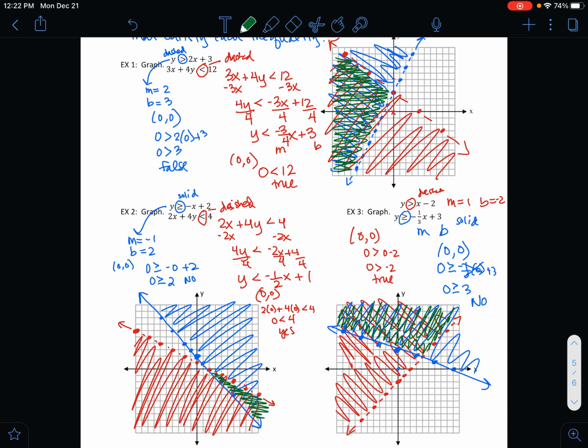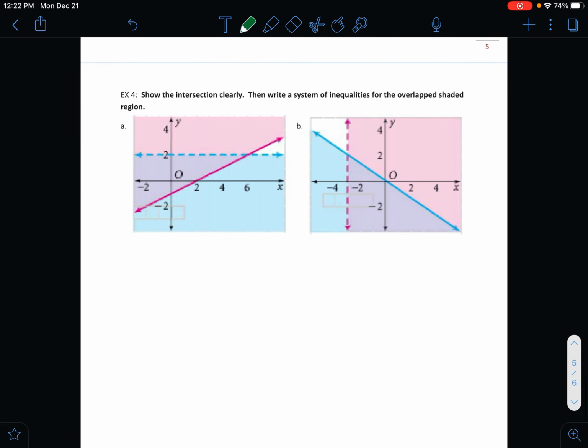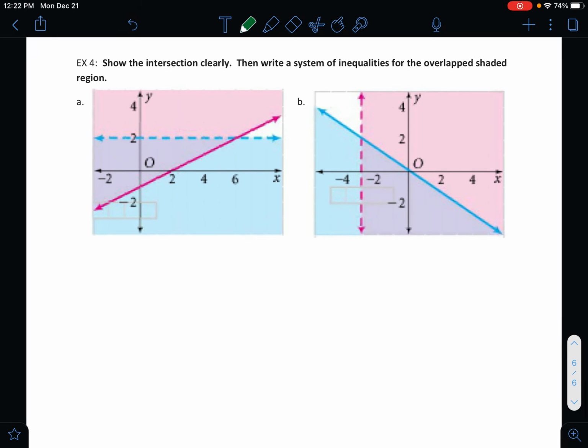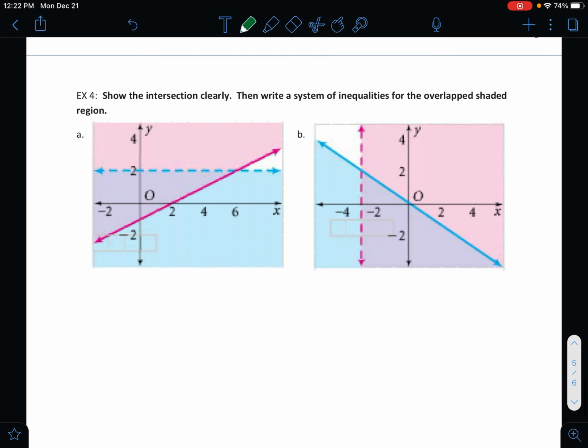Isn't that fun? All right, go to this back page here, and I'm not sure that your paper is going to show this as well as the video. Show the intersection clearly, then let's write a system of inequalities. Okay, here is the intersection, and when it says intersection, we're looking for the double shaded.